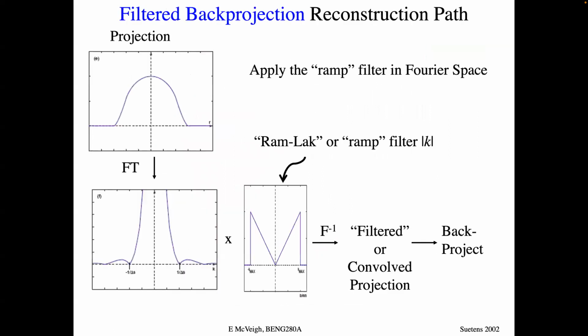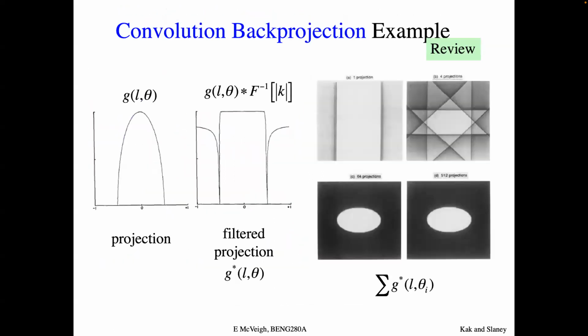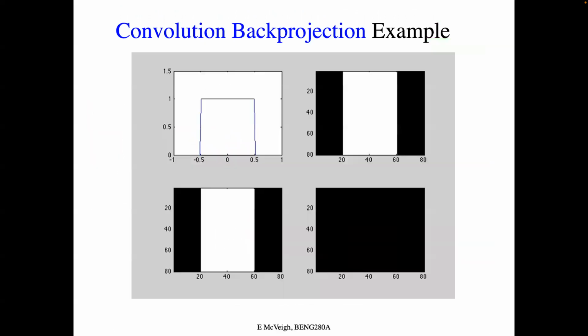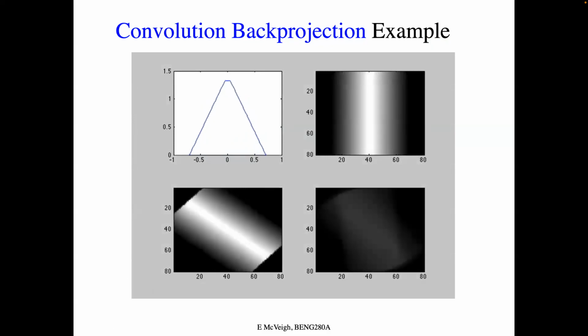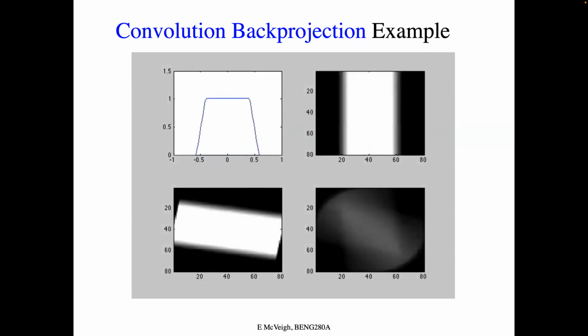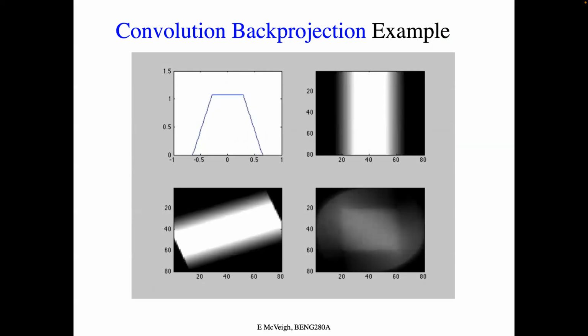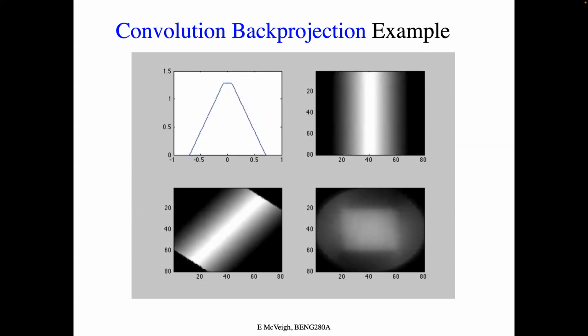So I think we've done this successfully. We went through that example. Okay, so let's do this convolution back projection. These are the simple back projections, and this is the object that results from those projections.